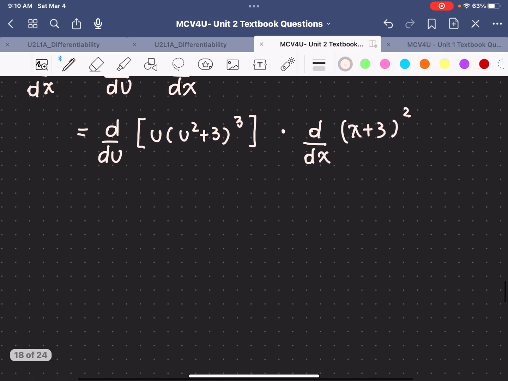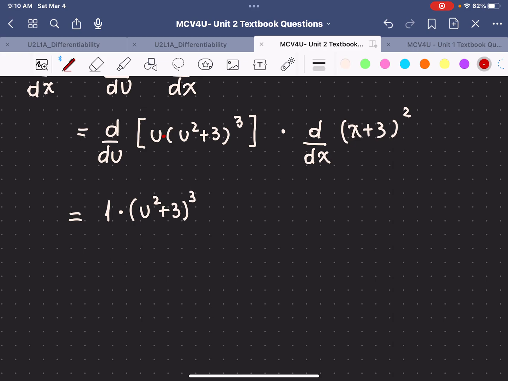So let's start differentiating. Now notice that here we have product rule, so we are going to use the product rule to differentiate this function. We differentiate the first factor, the factor u, the derivative of it is 1, and multiply it by the other factor, which is (u squared plus 3) to the power of 3.